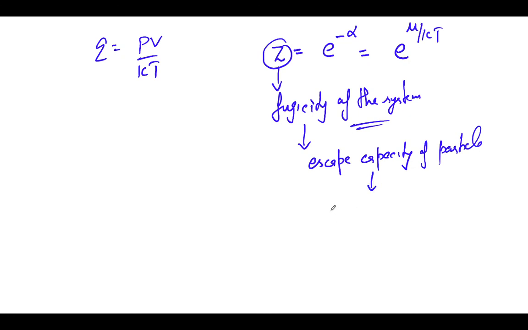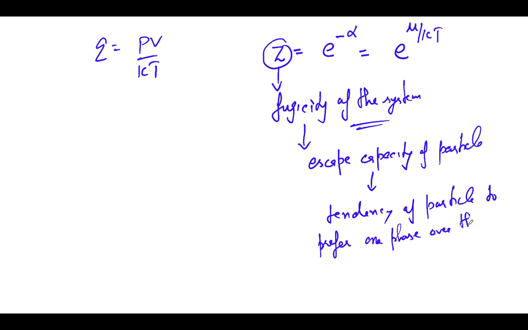So that is the tendency of a particle to prefer one phase over the other. Depending upon the parameters for that phase, for example, the particle will be present in a phase of low fugacity, where the escapability is least.